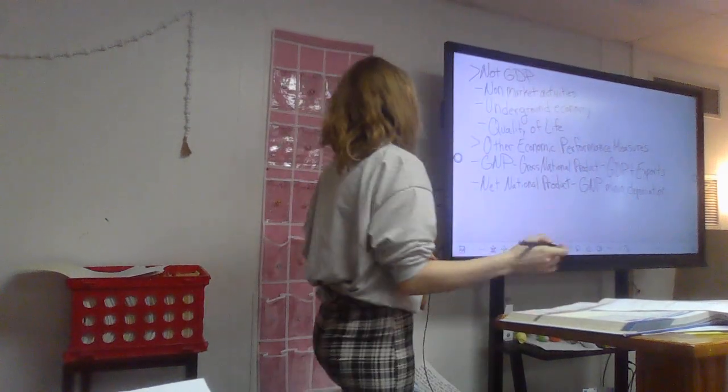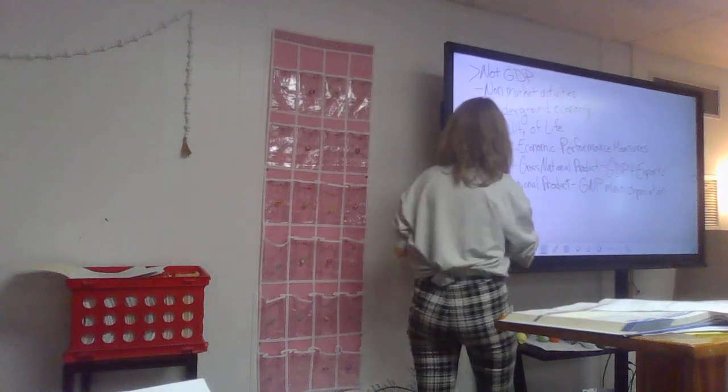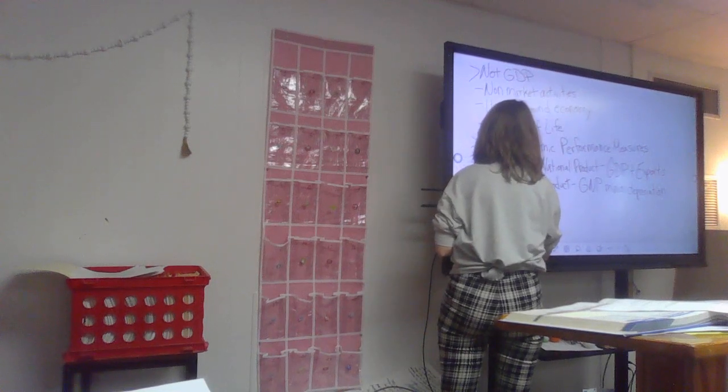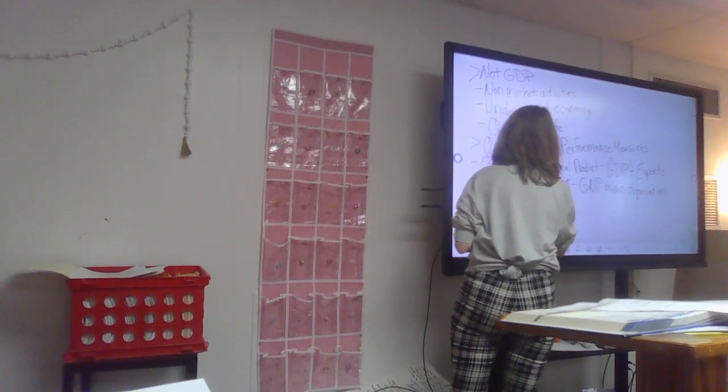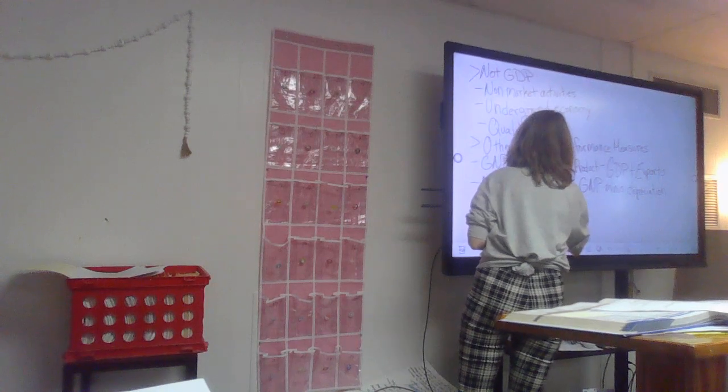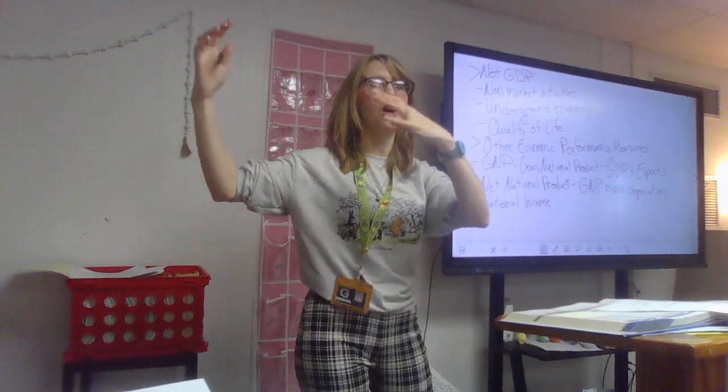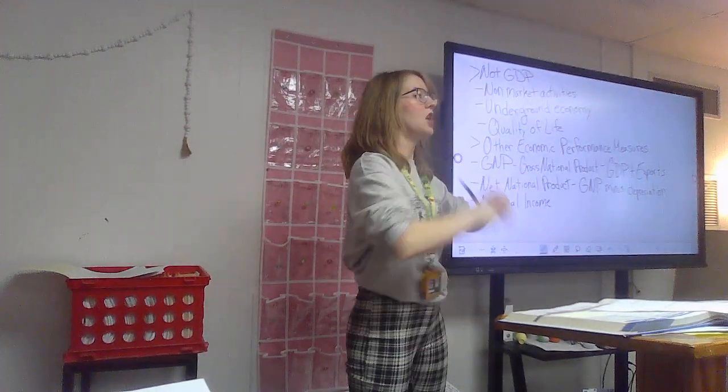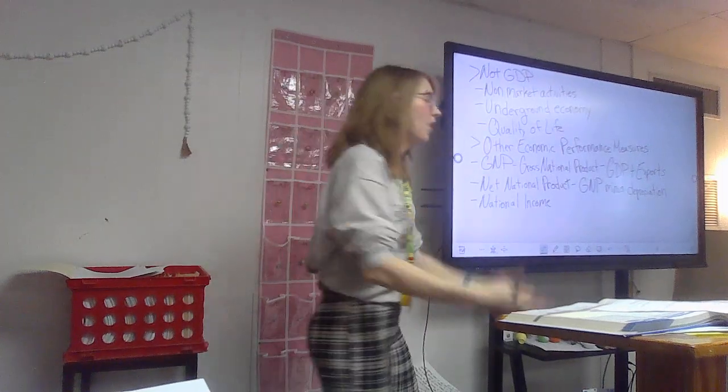Okay, then we have something called, this one's one of the simple ones, national income. It is exactly what it says it is. It is all the money that comes into the country, not just based on sales, all the money that comes in.